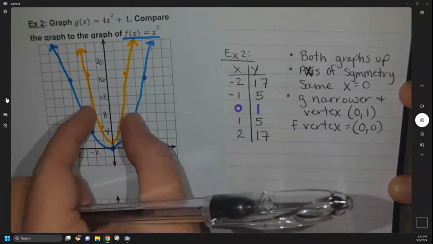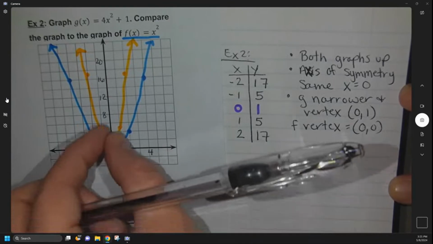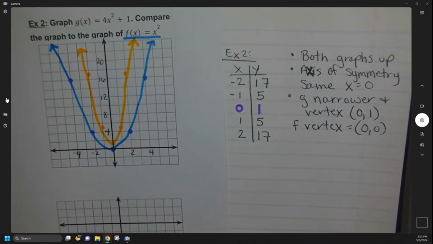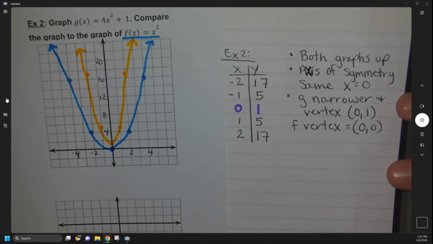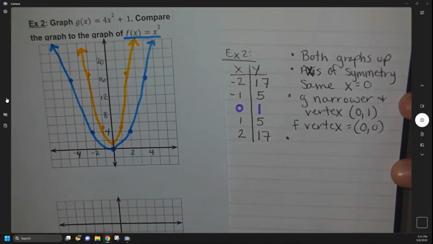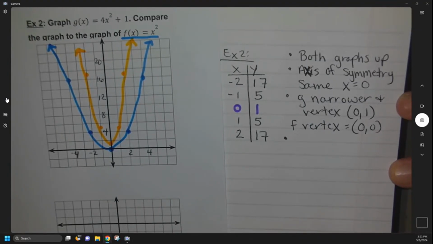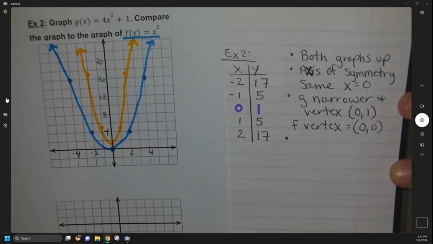So we squished it, made it tighter together for the yellow, and shifted it up to (0, 1) instead of (0, 0). If we think about this in terms of what we've talked about before, that means g is a vertical stretch by a scale factor of 4 and a vertical translation 1 unit up from graph f.